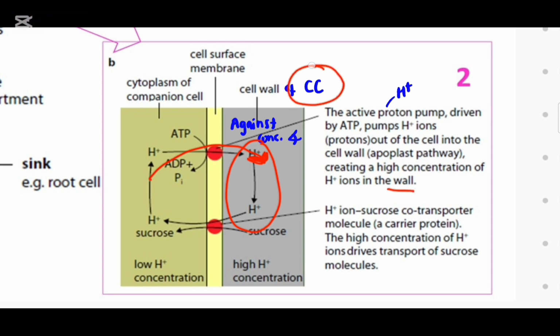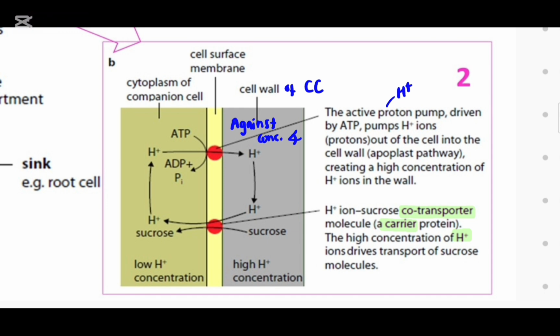By building that concentration gradient, the next thing that can happen is that the hydrogen ion and sucrose are co-transported by the co-transporter protein. I'm going to highlight that one. What does it do? It is an example of a carrier protein which undergoes a conformational change, whereby the high concentration of hydrogen ions moves down its concentration gradient via facilitated diffusion.